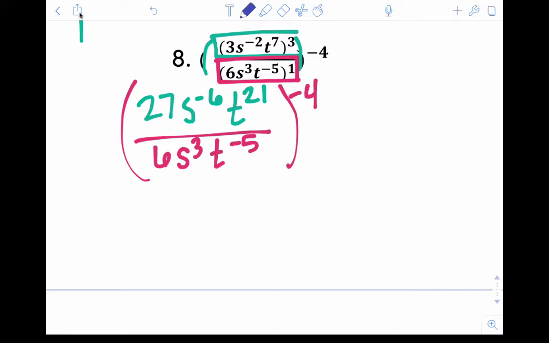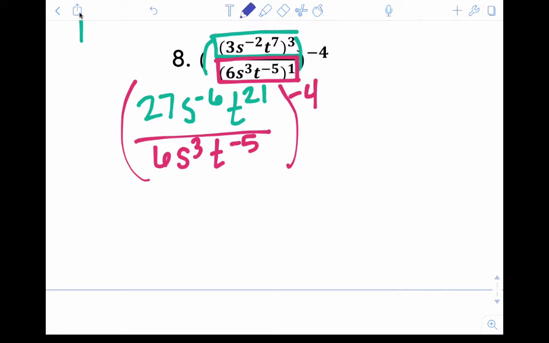I can make this all one quantity, and then I'll take it to that negative 4th power. So I have s to the negative 6th and s to the 3rd. I'm going to work with my variables first, and then I'll tack on those numbers at the end. That's just kind of how my brain likes to think of it.